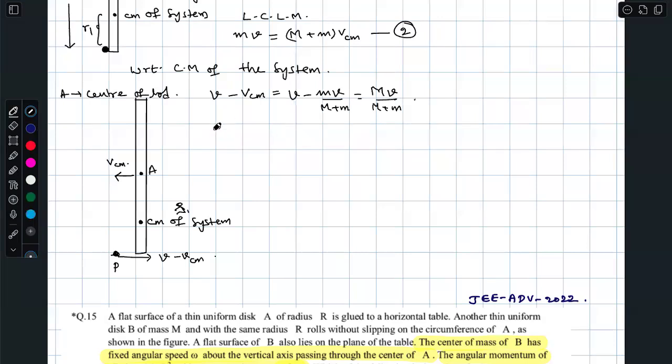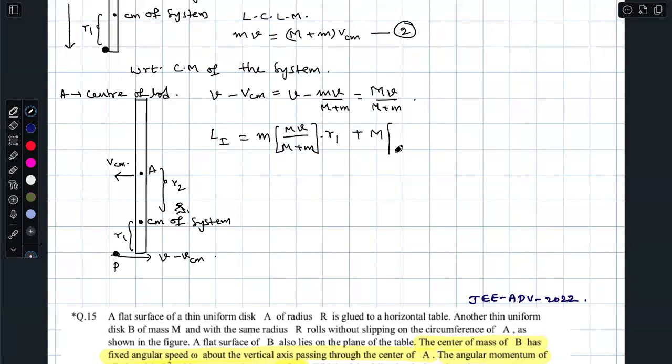Right. So what is the initial angular momentum? There is no rotation actually. Initially, rod has no rotation. But R bar cross MVCM bar term is there. So therefore, M times MV by capital M plus small m times R1, because you said that this distance is R1 and this distance is R2.